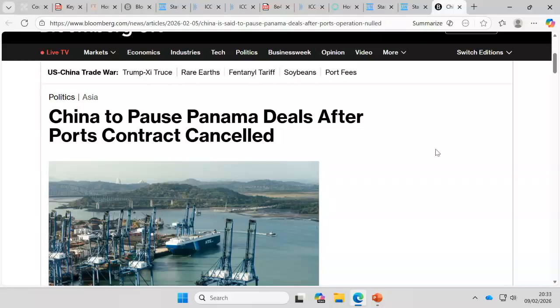That resulted essentially in Hutchison determining to sell not only their Panama port, but actually all of their port business globally. One of the challenges was to find a consortium of purchasers which would then be acceptable both to the US government and the Chinese government.